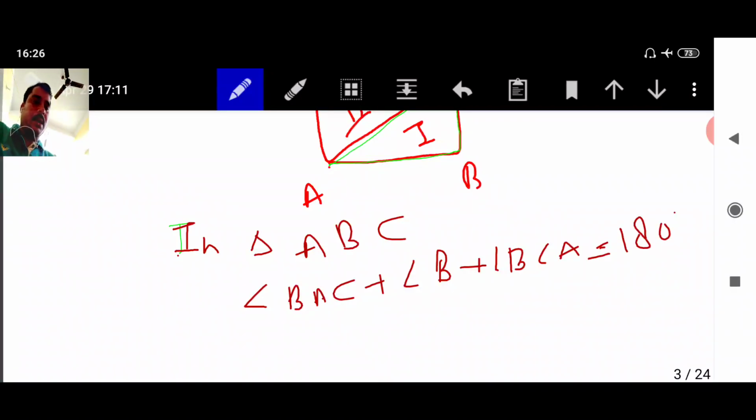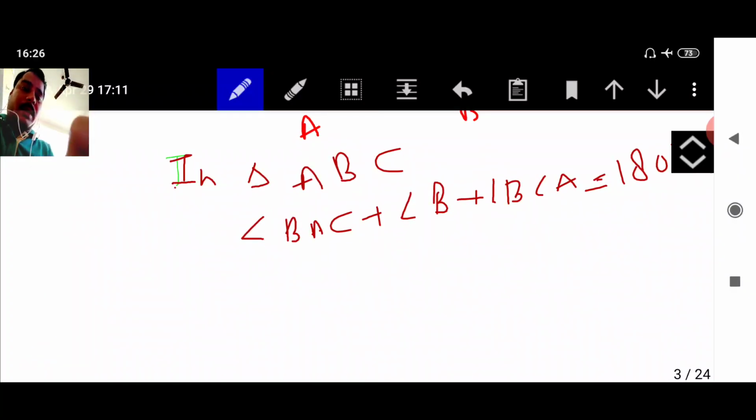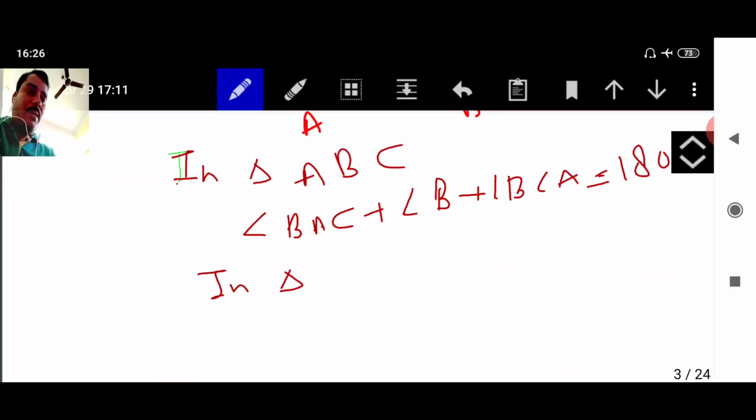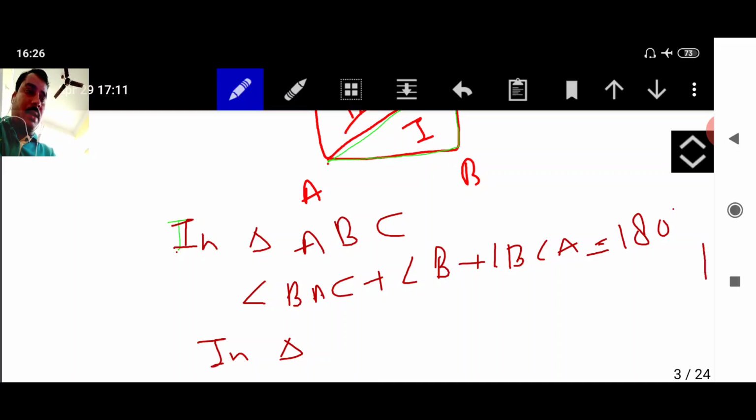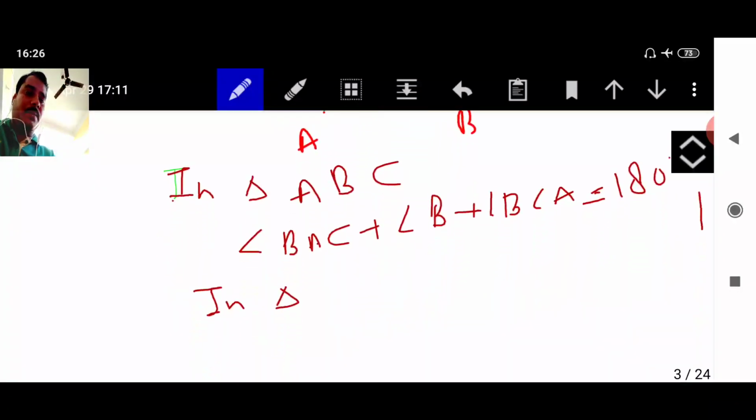Okay. Similarly, in which triangle? You can see here the triangle is ADC.